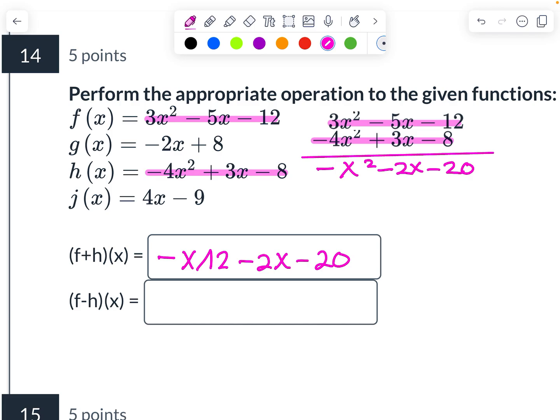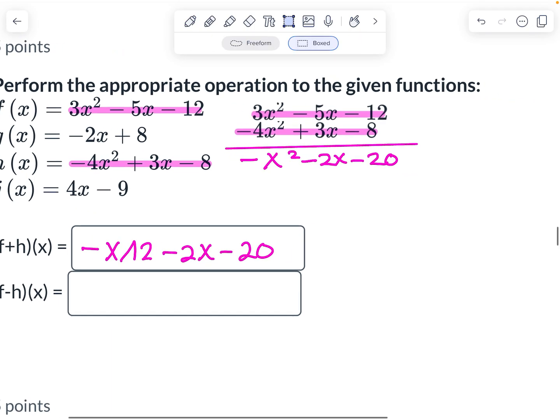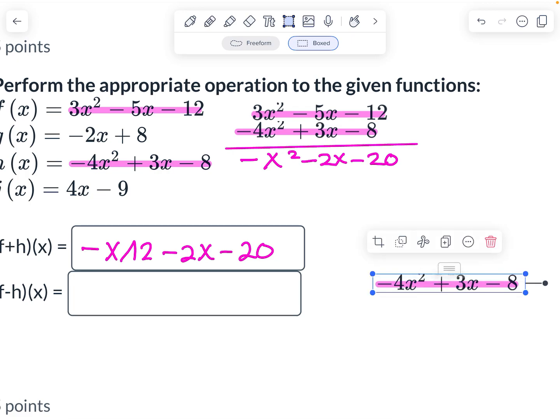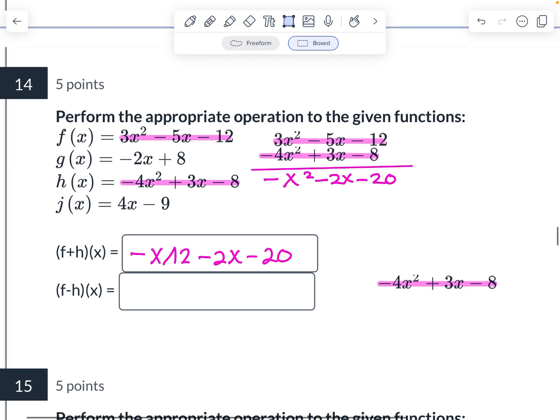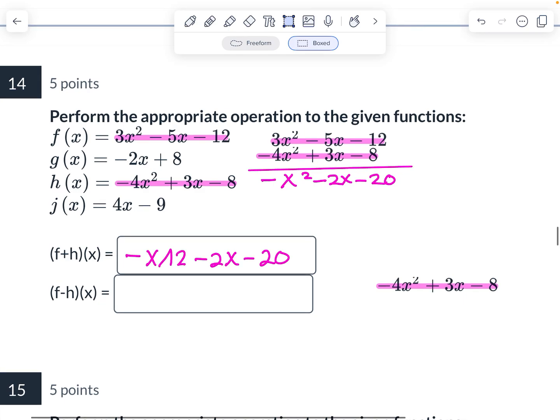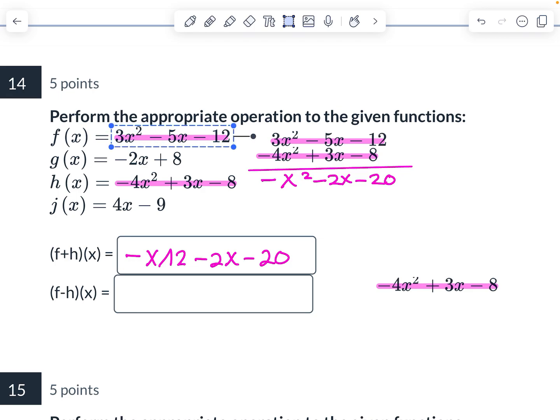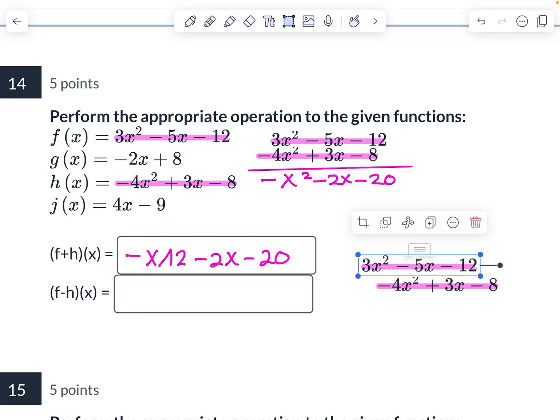So f minus h, oh, I should have left those things. Well, I have one of them, this one. There's the h. There's the h, right? Now I need the f. And the f. And here's the f.